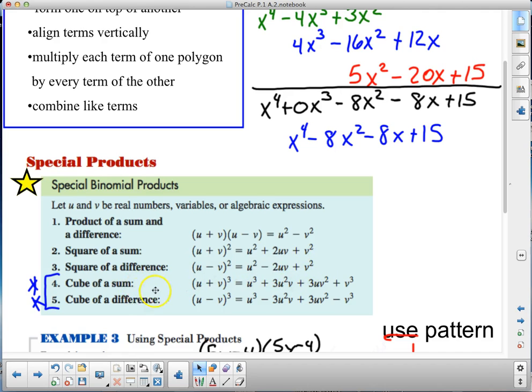Now, the cube of a sum and the cube of a difference are ones that we really have to pay special attention to. The cube of the sum of u and v: we've got u cubed, then 3u squared v, then 3uv squared, and v cubed. But notice how we're working down. U was 3, 2, 1, and then 0, and v was 0, 1, 2, 3.